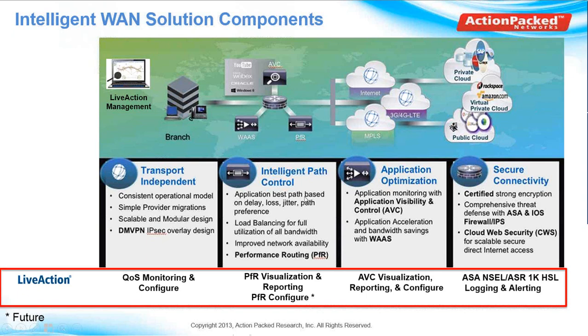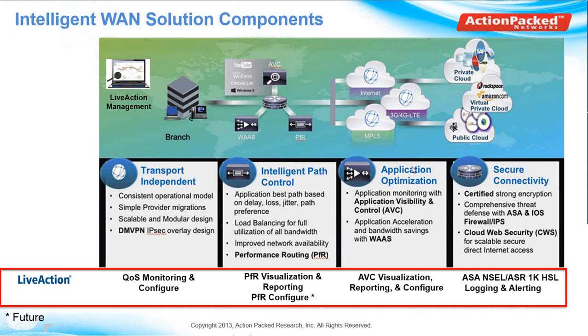On intelligent path control, LiveAction provides PFR visualization and reporting to visualize the path changes, tell you what out-of-policy conditions triggered those path changes, and what application traffic was affected or moved. For PFR Phase 3, we will be providing richer reporting, including PFR dashboards, trending, and PFR configuration.